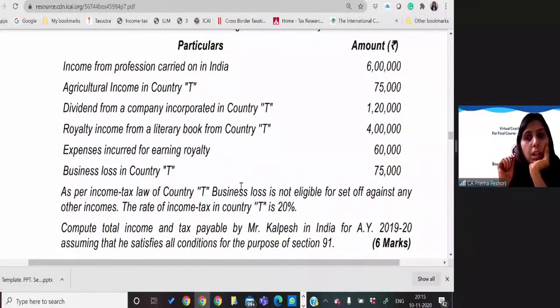Amman, if business loss belonged to India, then 70,000 would have been taken. Perfect. Not 60,000, because the business loss belongs to that country. We are adjusting it.